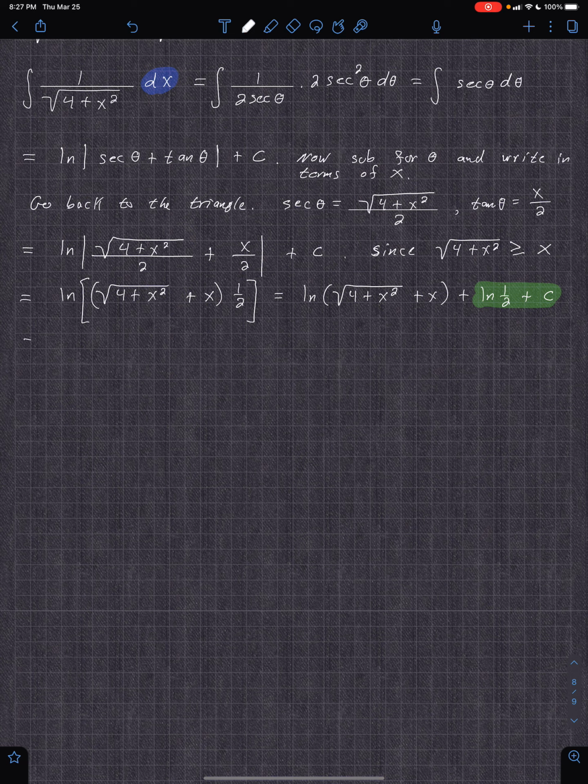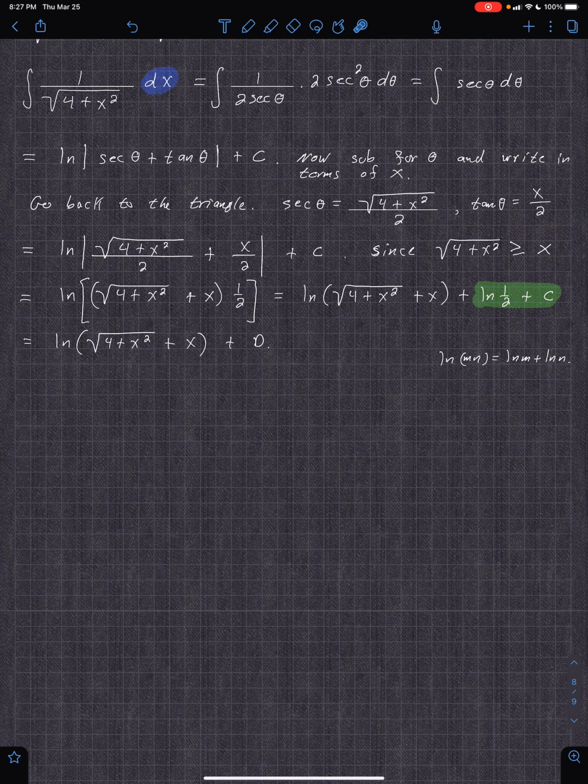And so this equals natural log of the square root of 4 plus x squared plus x, plus d. Okay, so I'm using this property of logarithms for just that product right here. So anyway, it can be simplified a little further if you make a little argument here.